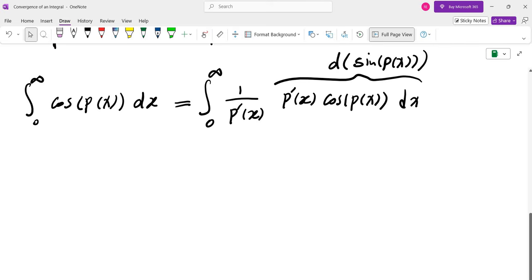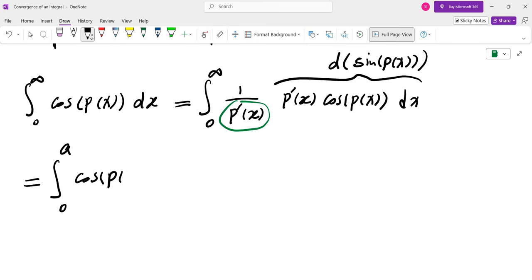But before I can do that, I'm going to have to avoid zeros of the denominator. So I'm going to write this down as the integral from 0 to a of cosine of p of x dx plus the integral from a to infinity of cosine of p of x dx.